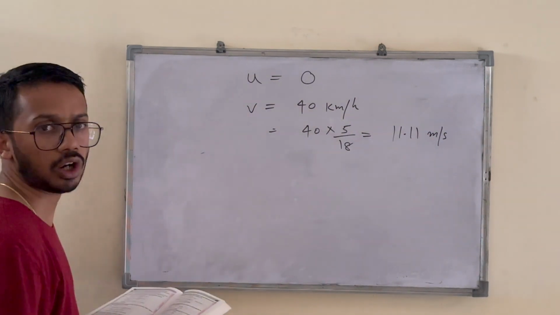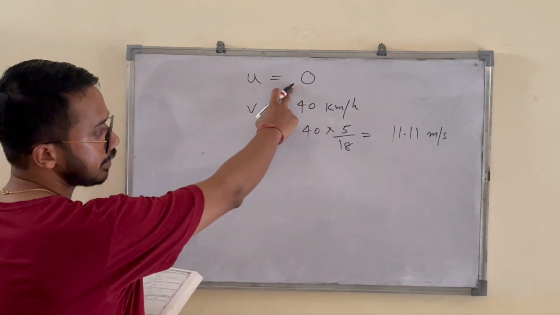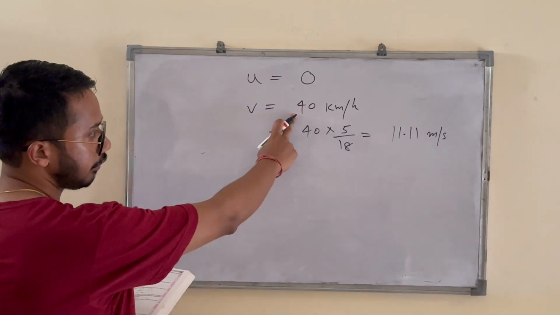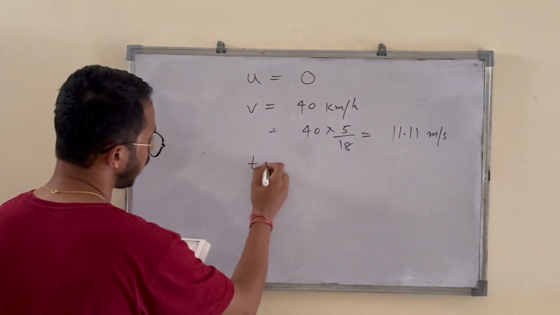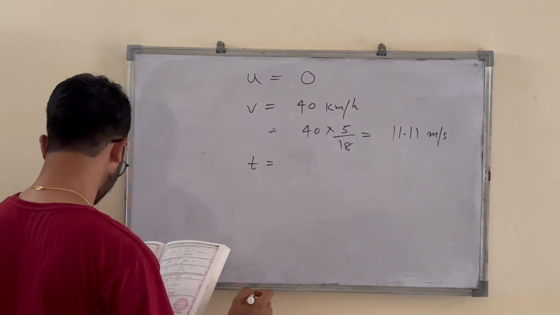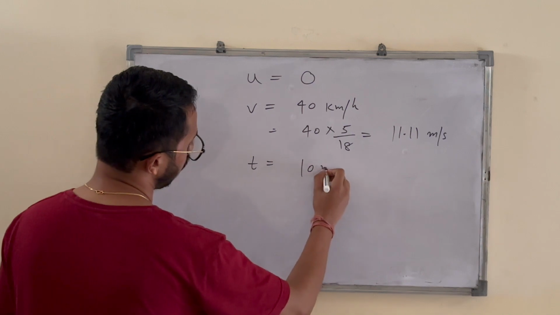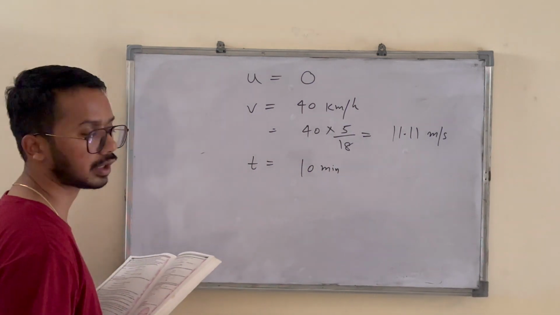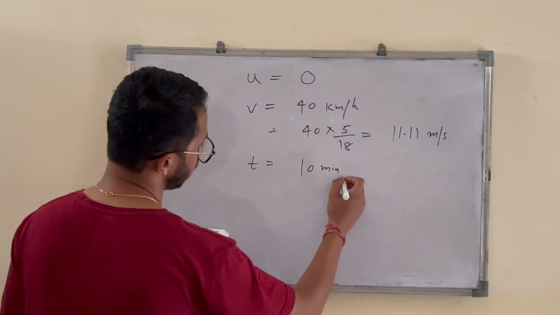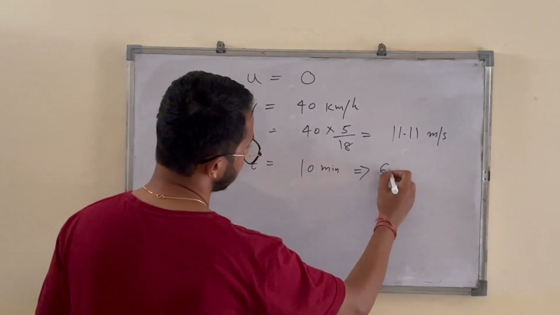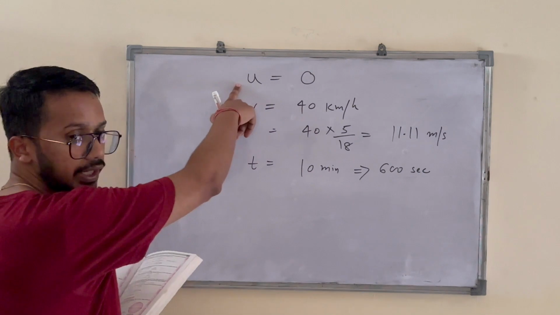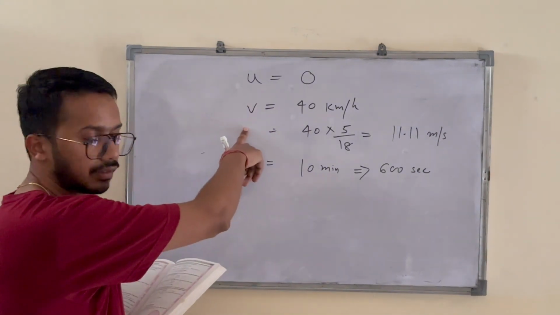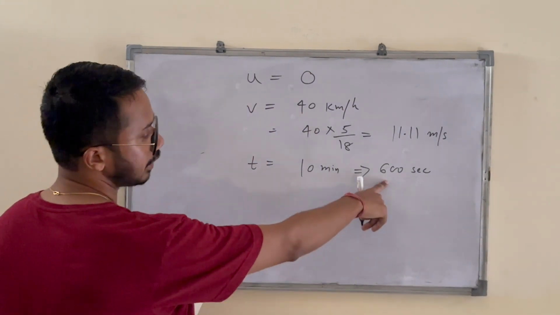So the train started from rest, 0, and attains velocity 11.11 meter per second, and the time taken for the change is 10 minutes. It's in minutes, so it has to be converted into seconds. 10 into 60 gives us 600 seconds.